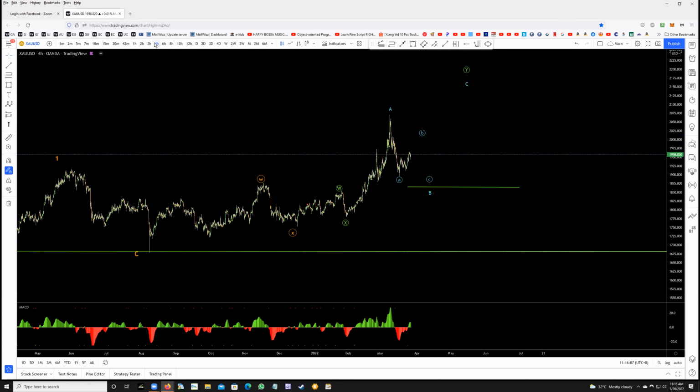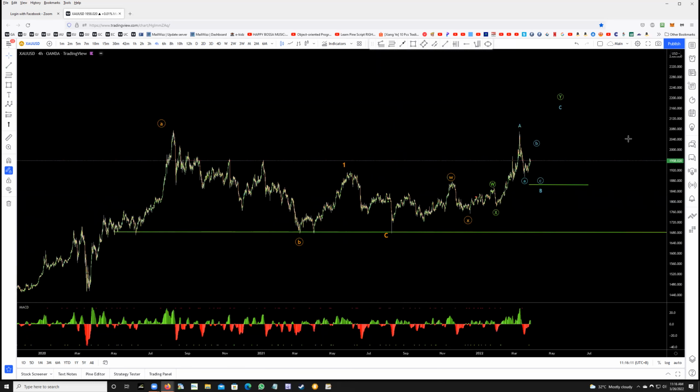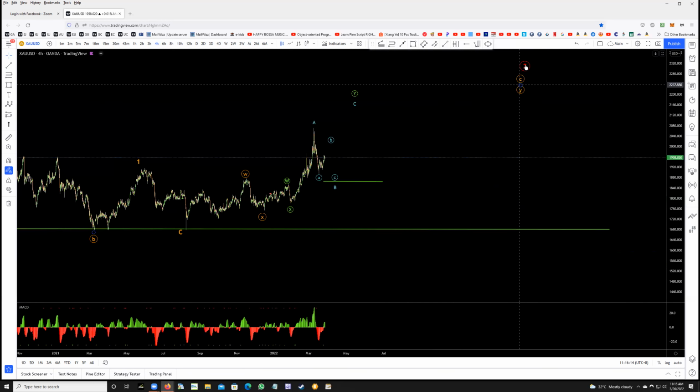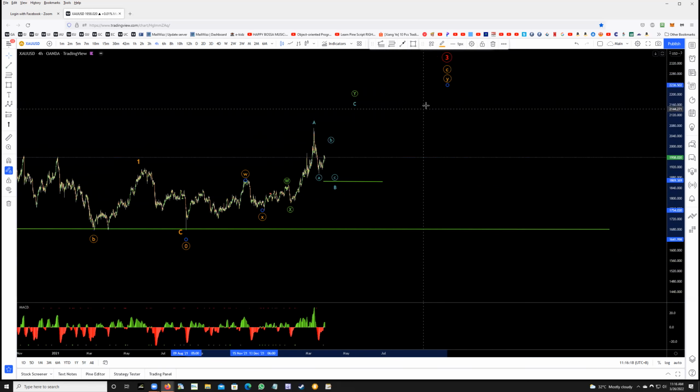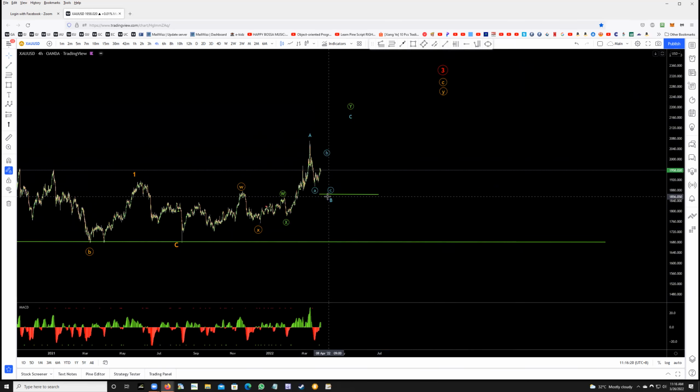So let's go down. As I'm doing all this, don't forget the bigger picture. What's the bigger picture? On the monthly and weekly time frame, we have a bigger picture where price, after finishing this wave, could go on to complete this big wave to the upside.